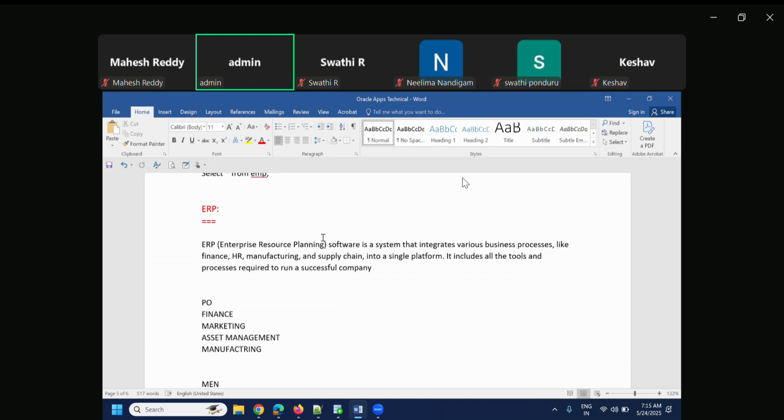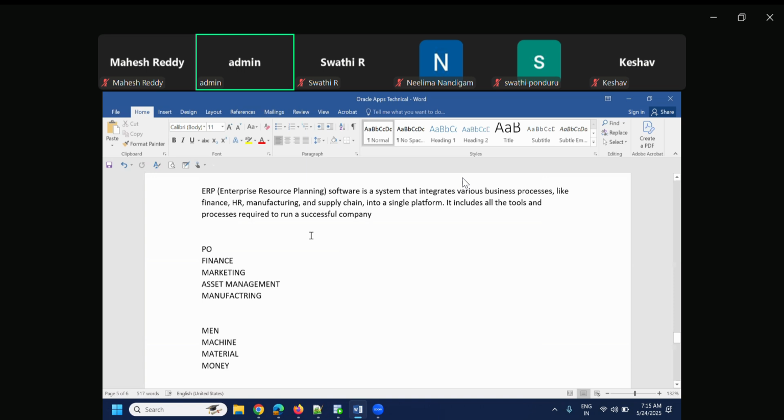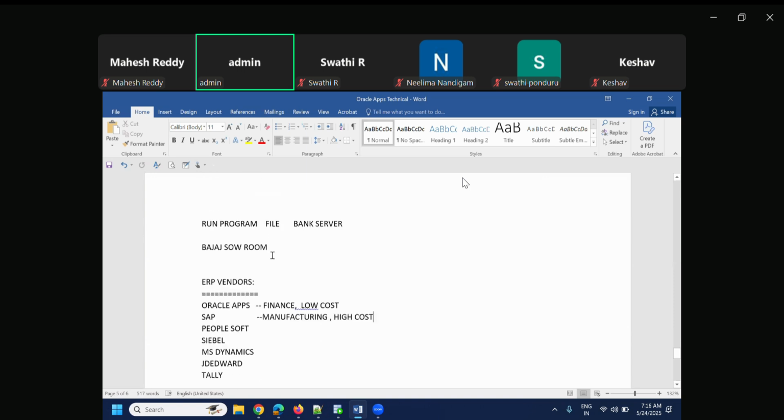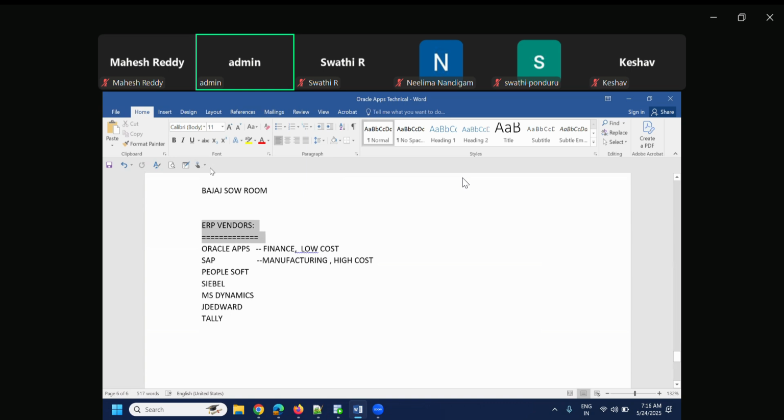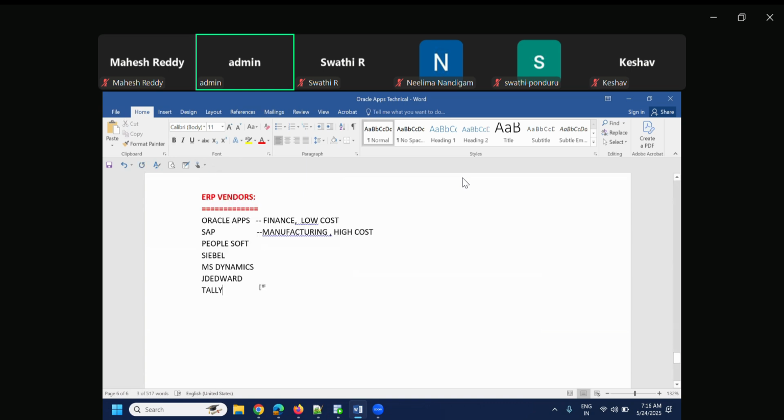We can buy the license from the ERP vendors and implement it for our company, then use the ERP product the same as Microsoft OS. Then we came to know which ERP vendors are available in the market. Now we'll go with the modules that are supported by any ERP, not only Oracle applications.